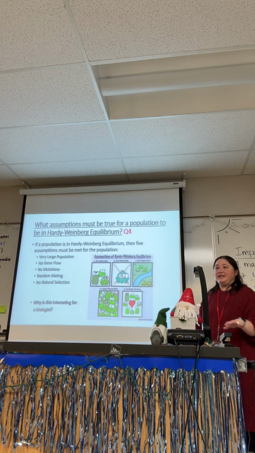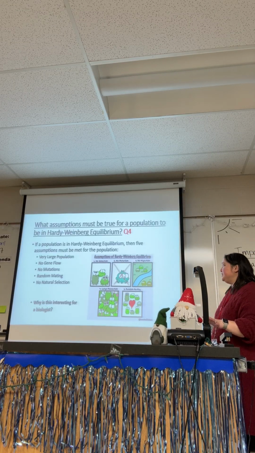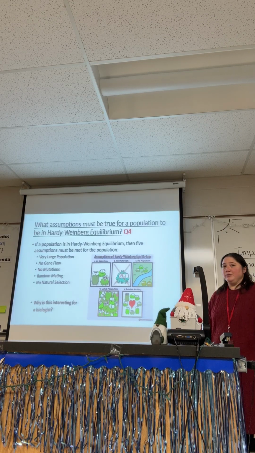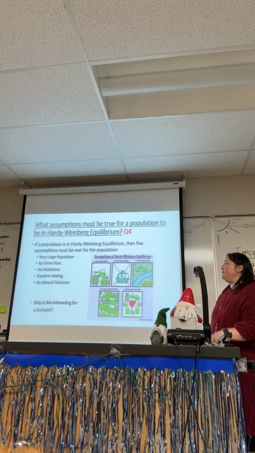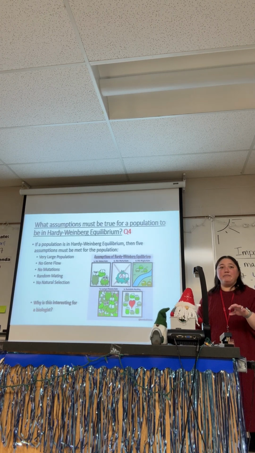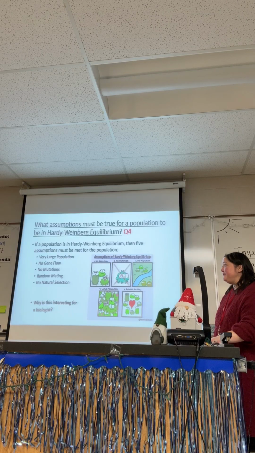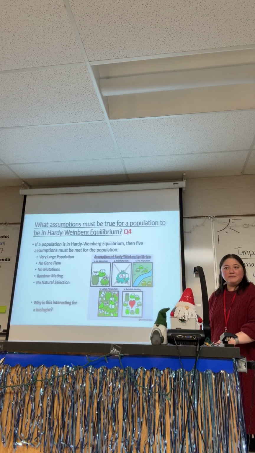There can't be any gene flow occurring. We're going to talk about all of these in a little bit. We can't have any mutations occurring whatsoever, so everything needs to stay exactly the same with the DNA sequences on a molecular level. There needs to be random mating, it can't be selective, and there cannot be any natural selection occurring.